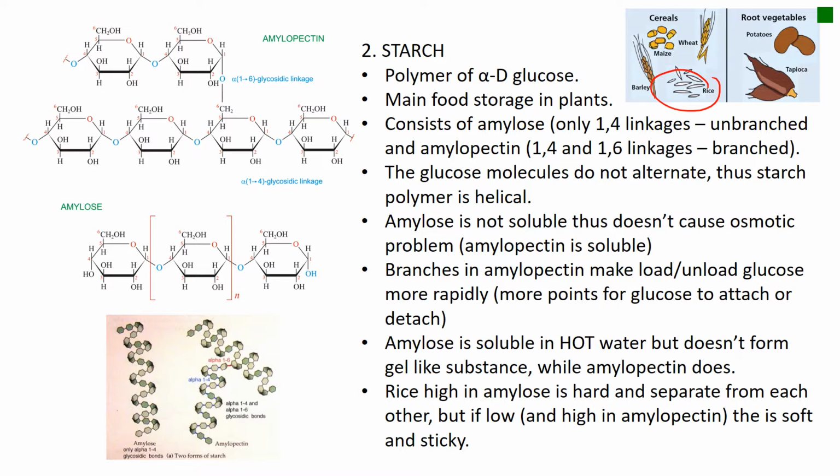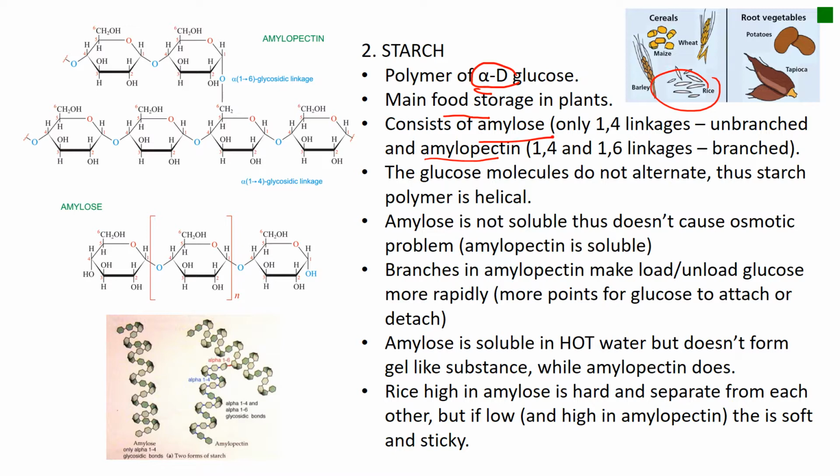So starch, unlike the cellulose that is made of polymers of beta-D-glucose, this one consists of alpha-D-glucose. Right. So they are the main food storage, so that's why they become the staple diet. Okay, and starch consists of two types, amylose and amylopectin.